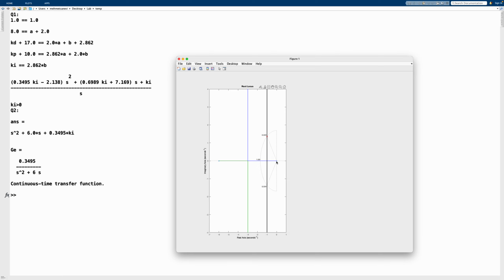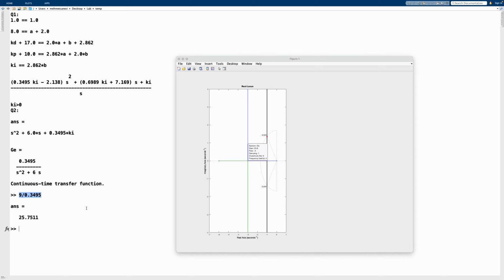The distance from here to here is 3, and the distance here is again 3, so their multiplication gives us 9. But we have a coefficient here, so 9 divided by 0.3495 should give us 25.75, which, when you click on this, is exactly the point that we're looking for. Of course, this is rounded, but this is the exact value.